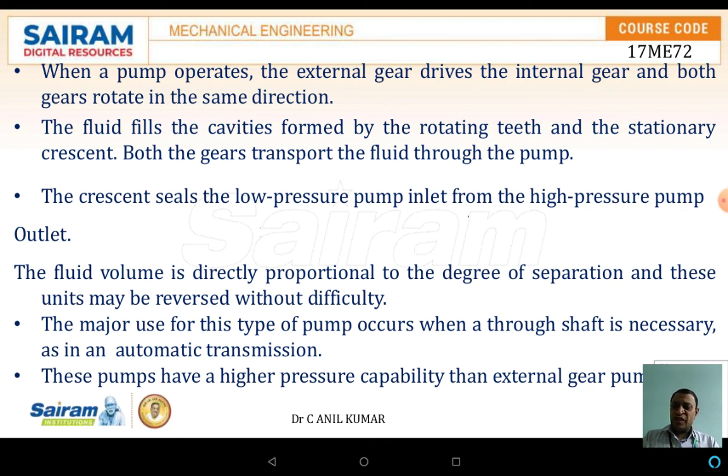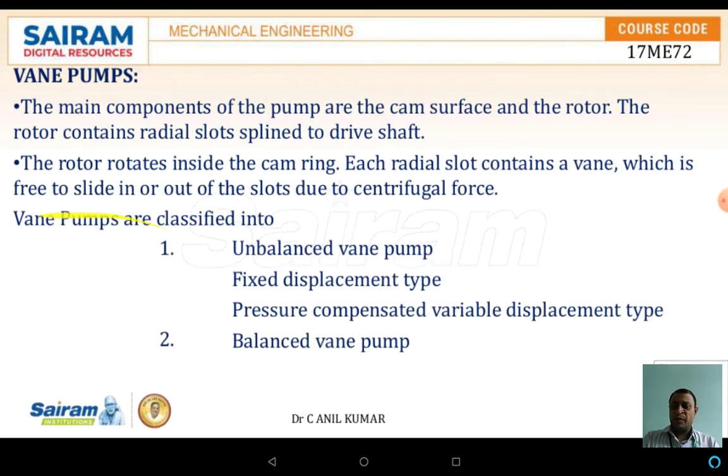The fluid volume is directly proportional to the degree of separation, and these units may be reversed without difficulty. The major use of this type of pump occurs when a through shaft is necessary, as in automatic transmissions. These pumps have a higher pressure capability than external gear pumps.